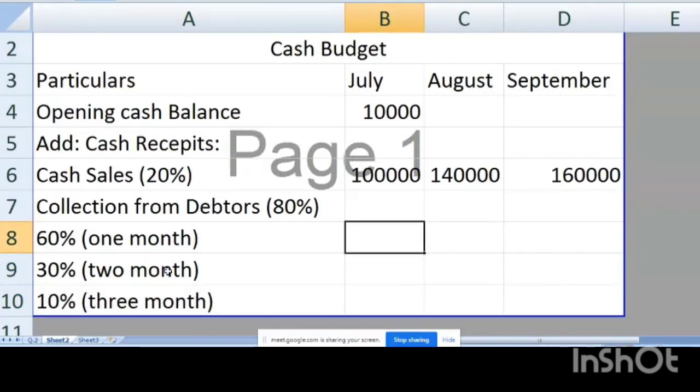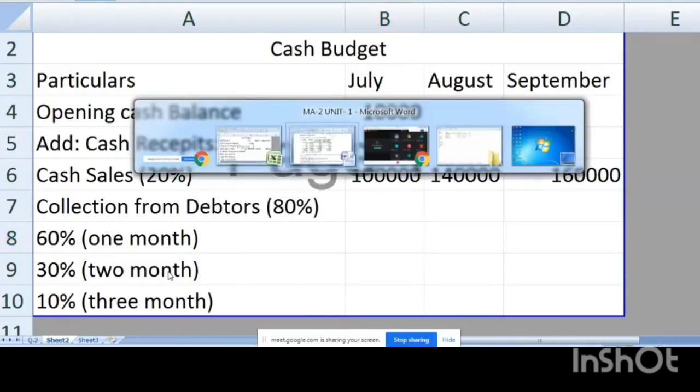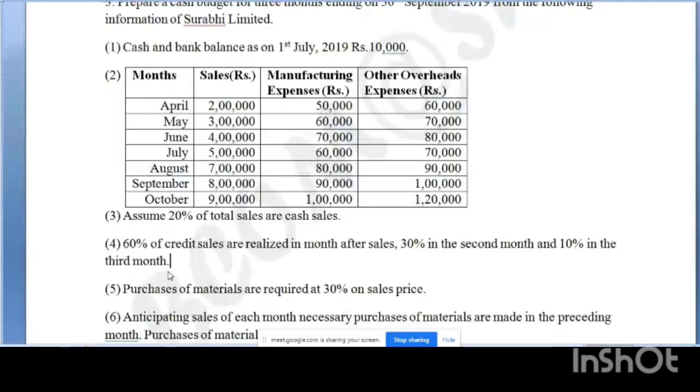So 1 month credit means starting from the previous month. For July, it is June. So what is June month sales? 4 lakh.